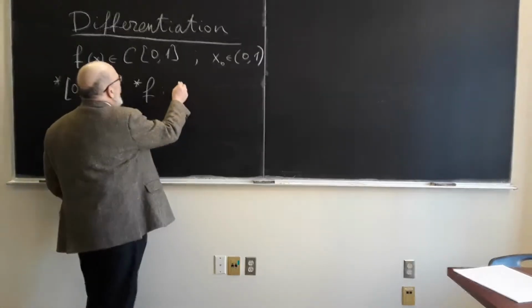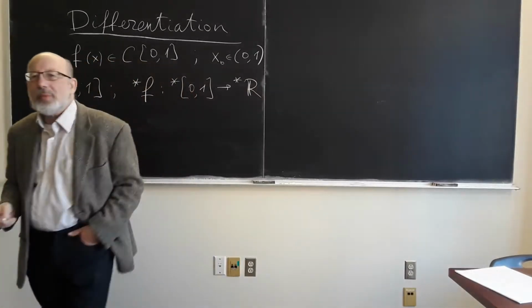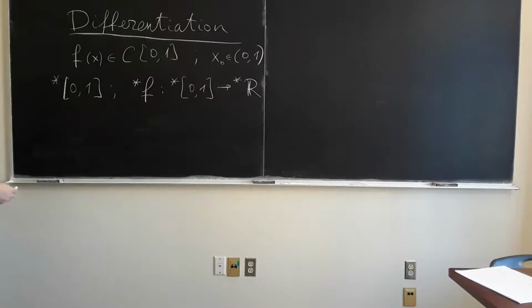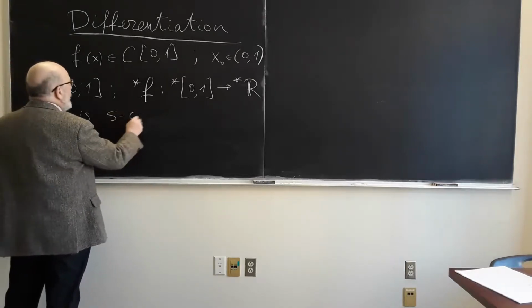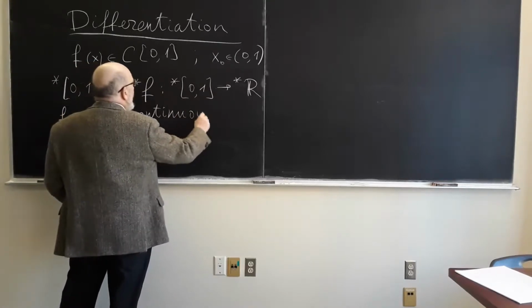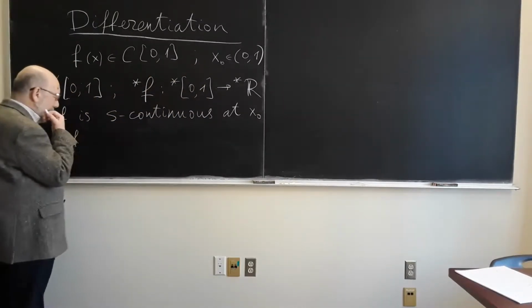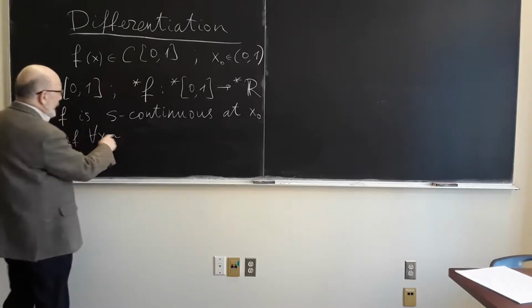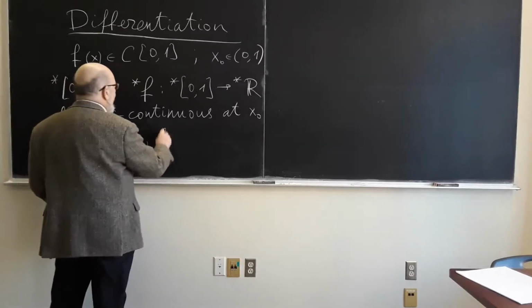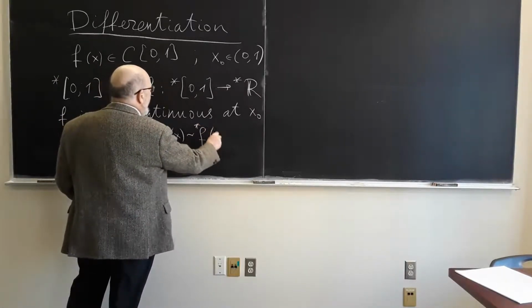So it's a function from star [0, 1] to star R. And it is continuous in the sense that f is called S continuous at the point x0 if for any point x which is infinitesimally close to x0, f star of x is infinitesimally close to f star of x0.